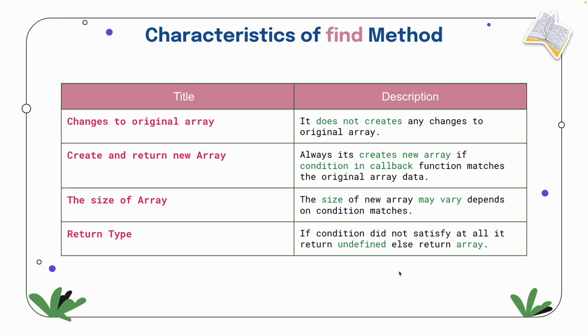Next, we'll look at the effect. As with every higher order function, we look at the effect on the original array. Does it change the original array? No, it does not change the original array. Next, does it create and return a new array? Yes, but only under one condition in find: if any condition is satisfied. If none of the conditions is satisfied, then it won't return an array.